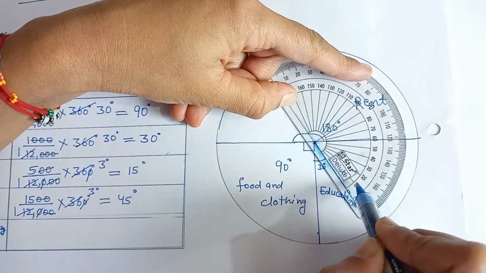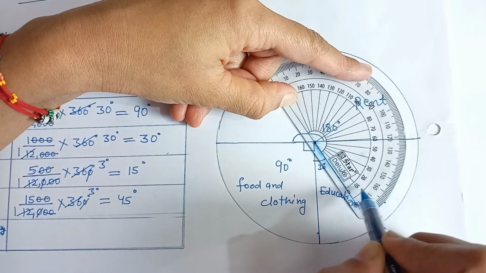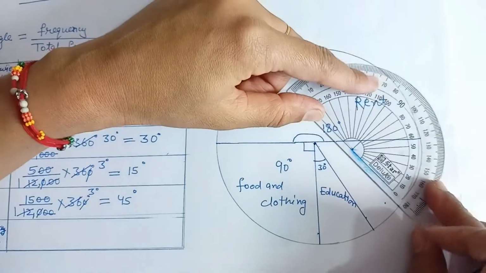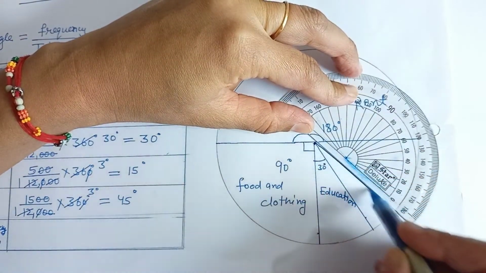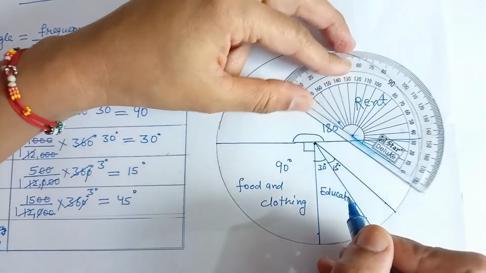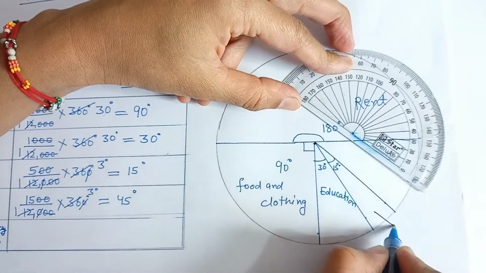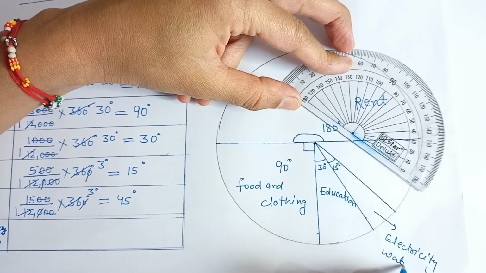This is 0, 10, 20. So in between 10 and 20 there is this line that is of 5. So 10 and 5, 15. Now join these two. This is 15 degree, and this is for electricity, water and taxes.